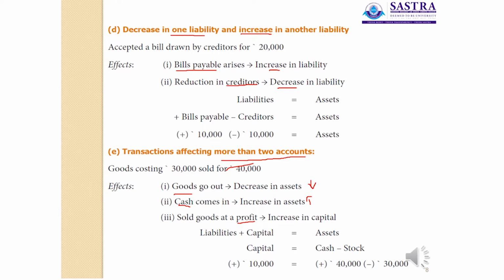So what is the profit here? 10,000, that is 40,000 minus 30,000.